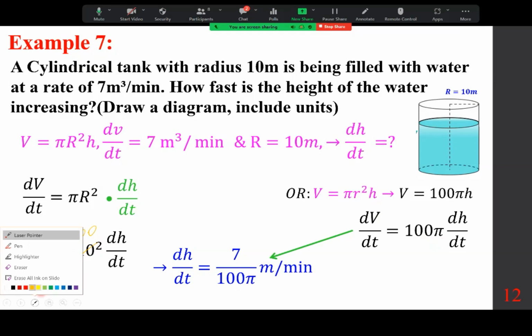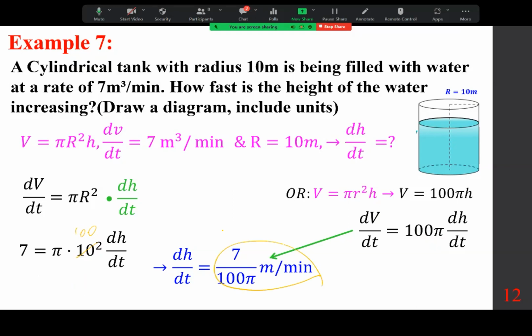I'm going to write at top of it, class, this is an exact answer. But if they ask you for so many decimals, you follow 7/100 pi meters per minute. As always, the units of volume over the units of time, the units of height over the units of time. The units will always work. You want to follow that.